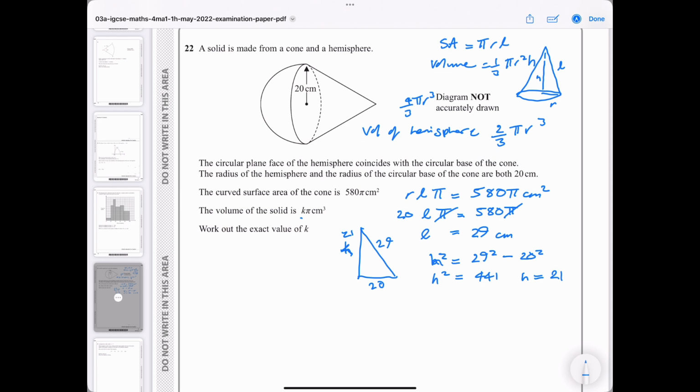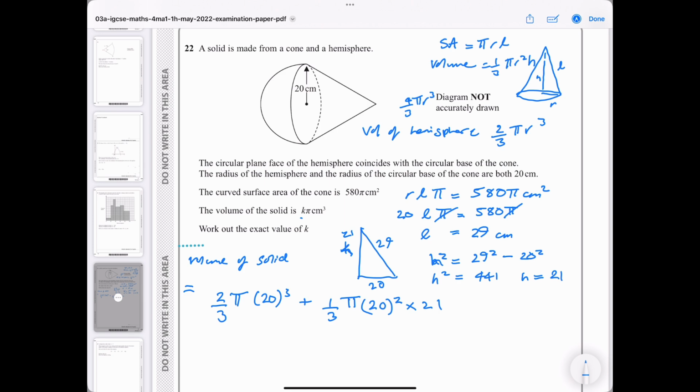So we know that the volume of the solid equals the volume of the hemisphere, which is 2/3 pi times 20 cubed, plus 1/3 pi 20 squared times 21.